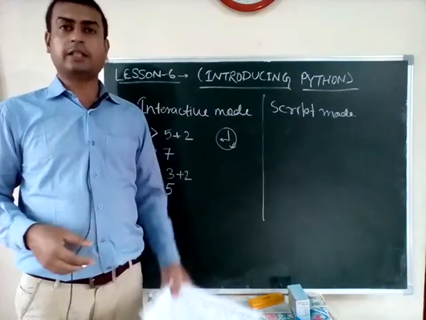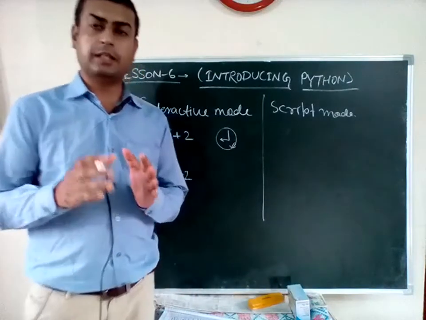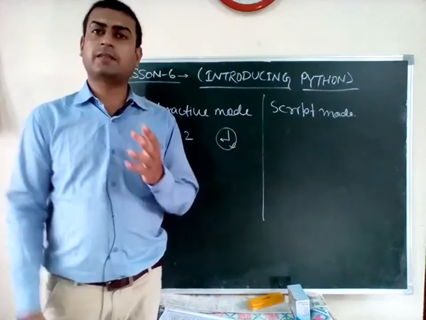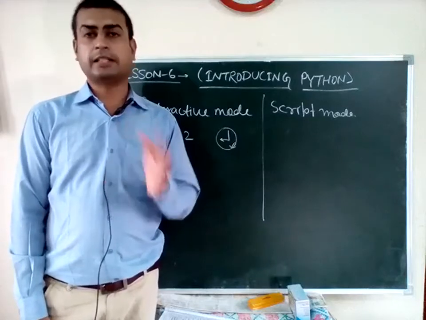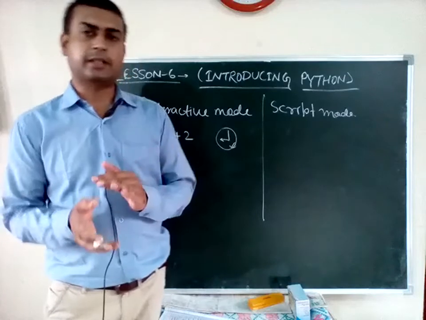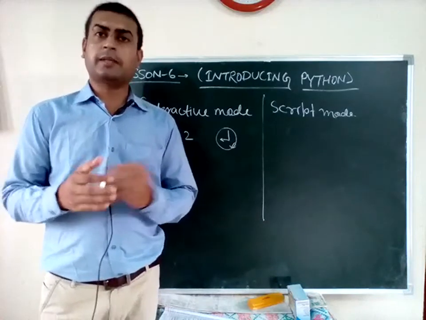Use of interpreter. What is the meaning of interpreter? Students, this is a very important concept, that two types of language converters are present. First is compiler and second is interpreter. Interpreter means it will execute the program line by line.